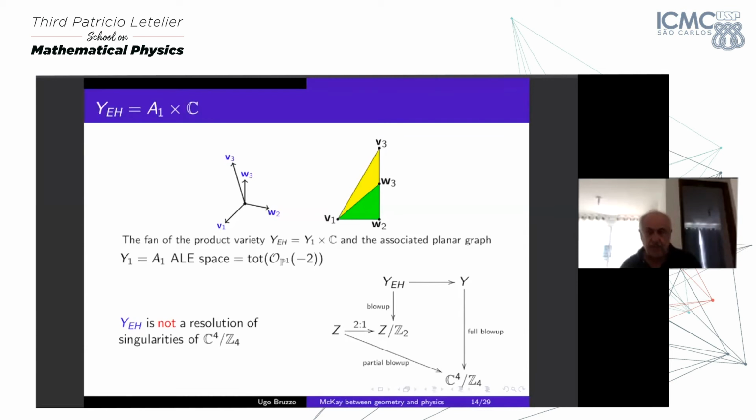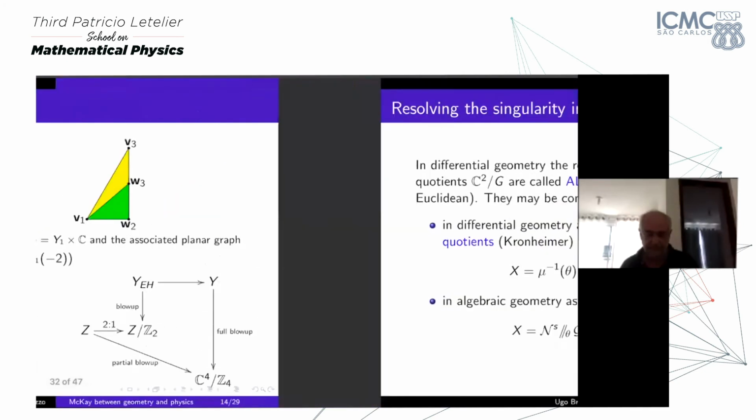What I would like to do now is to say a few words about the construction of the resolution singularities in a more general way, and also more related actually to the McKay correspondence. So not using this toric magic, which only works in the abelian case, but more in general.